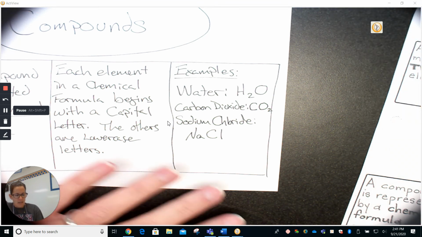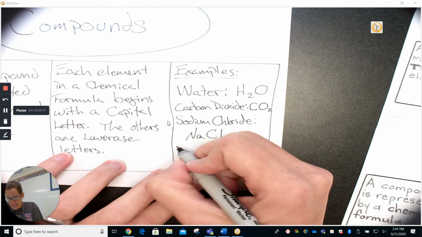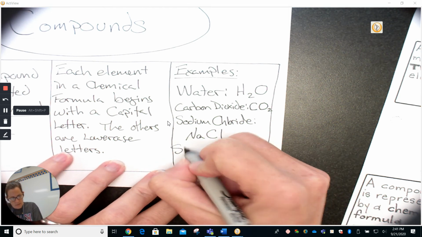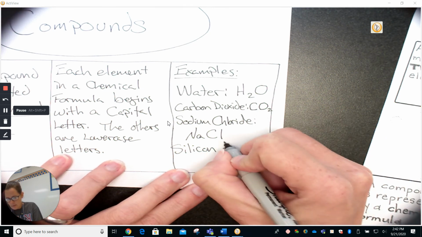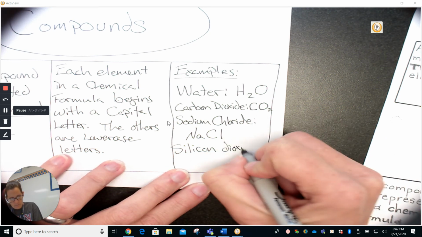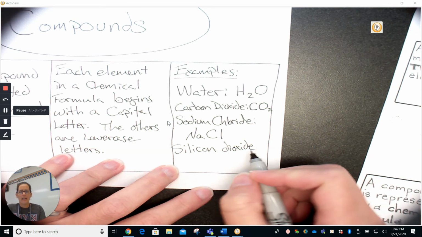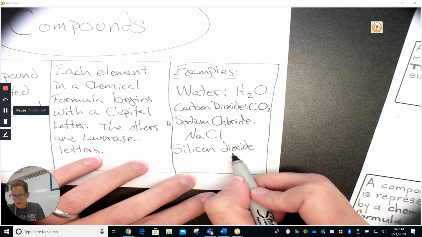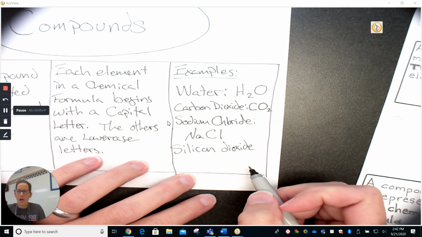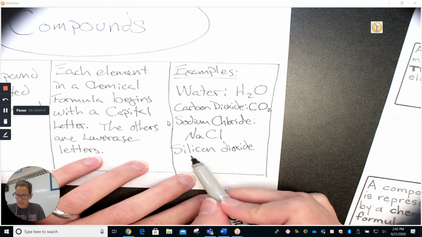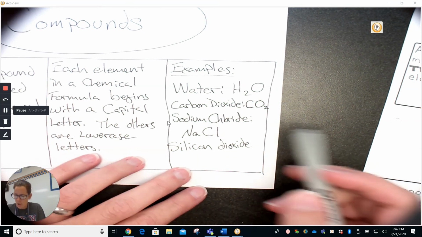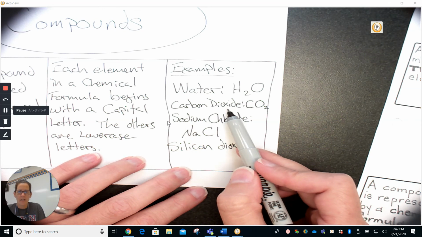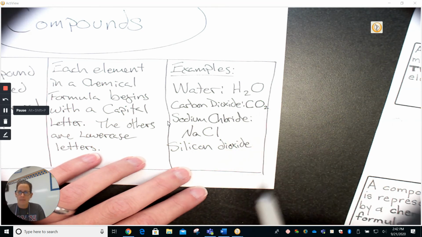Next, we have silicon dioxide. Silicon is an element. And when you see dioxide, you can think just oxygen. So that oxide is just an oxygen. We say it that way because it's behind the silicon. And carbon dioxide was the same way. That dioxide just means oxygen.